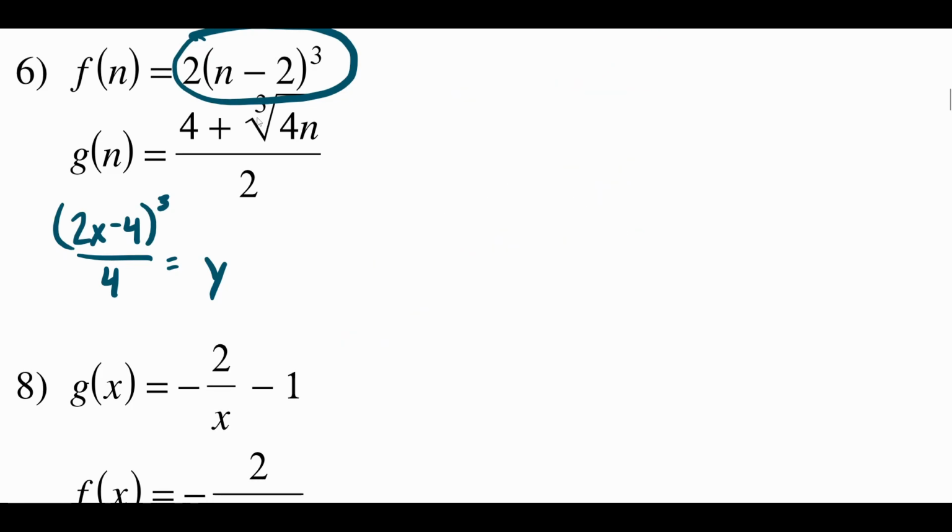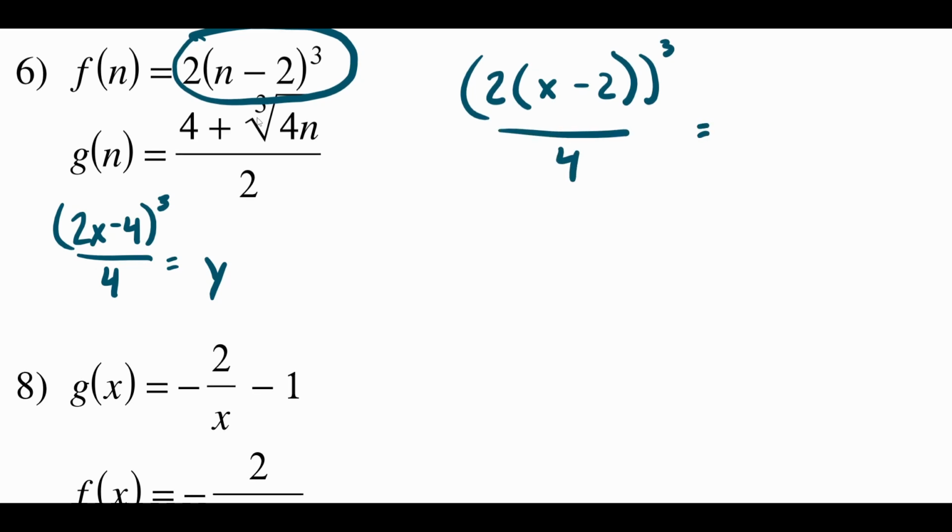And let's think about it. 2x minus 4, how can we break this up? Well, there's a common factor of 2 in both of my terms. So I'm going to rewrite 2x minus 4 as 2 times x minus 2. But remember, this entire quantity is cubed, and that's all over 4 equals y.